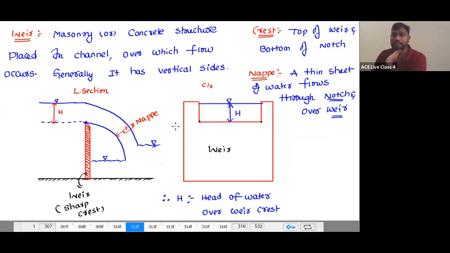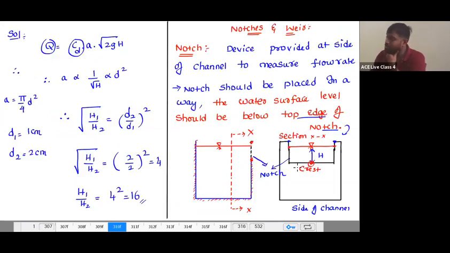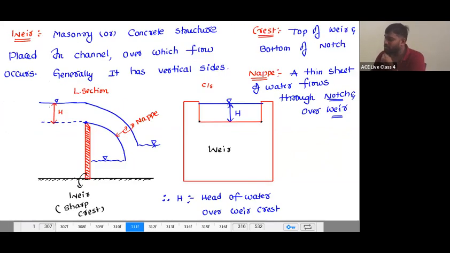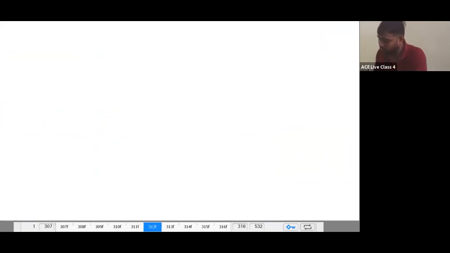Now based upon this, this is a masonry weir, and this is going to be the notch. Notch is a small scale.